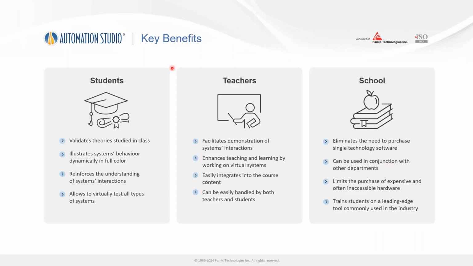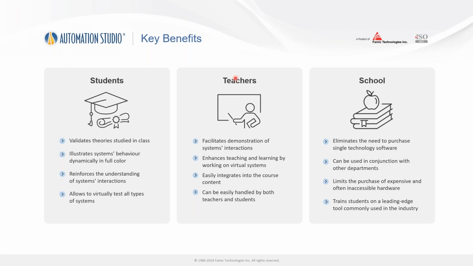Key benefits of Automation Studio for students, teachers, and schools. For students, students can validate theories studied in class, and system behavior can be illustrated dynamically in full image color. It allows students to virtually test all types of systems.